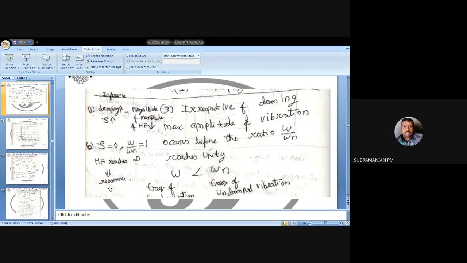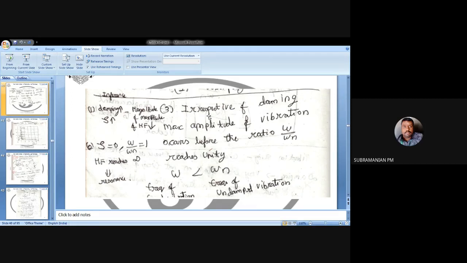You have to remember, it will be resonance: frequency ratio is 1, and damping factor is 0. So this inference is very, very important. Otherwise I may ask, when the damping factor is 0 and the frequency ratio is 1, the magnification factor reaches 0, minus 1, minus 2, infinite, like that I can give options. So this will be a possible option for your MCQ.